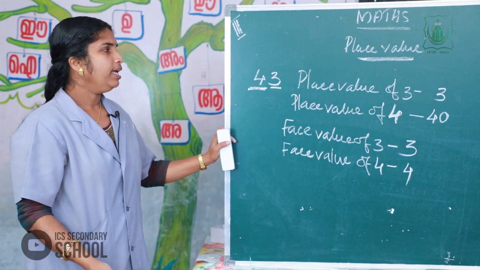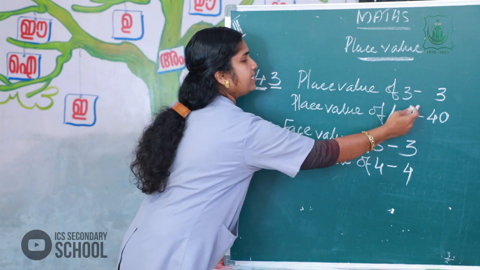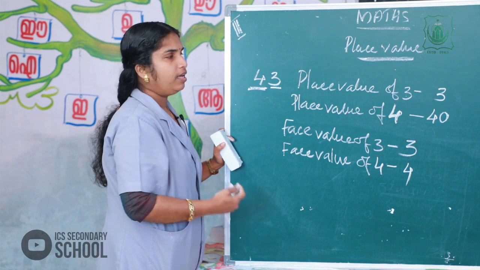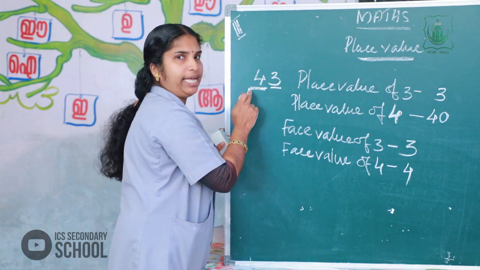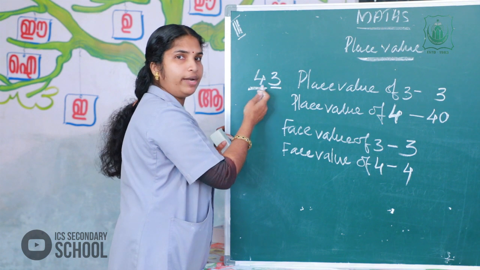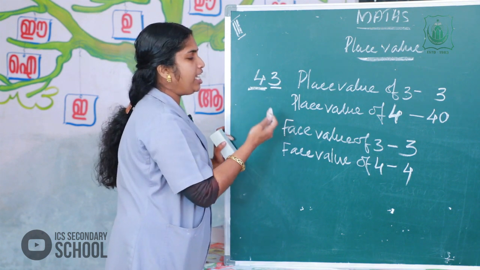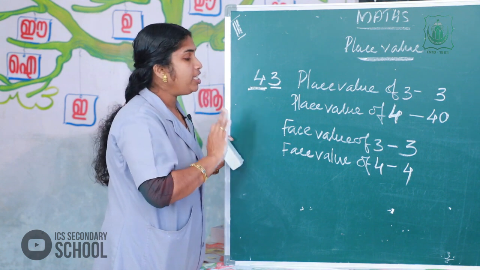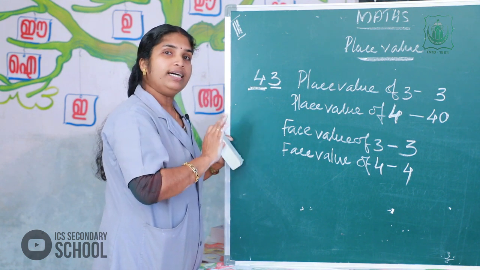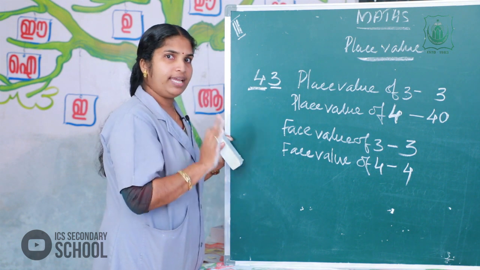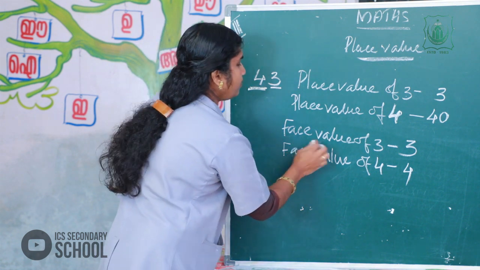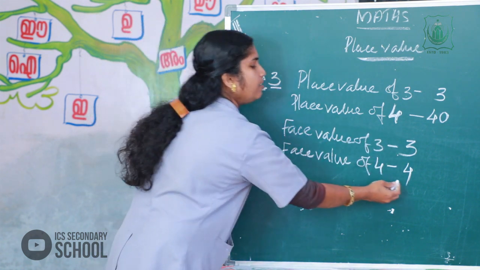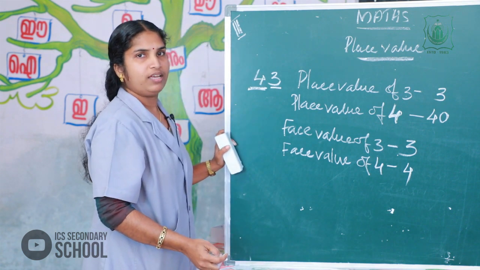In 43, the place value of 3 is 3 and the place value of 4 is 40. It depends on its position. The place value depends on its position, but in face value, there is no change in digits. The face value of a digit is that digit itself. Face value of 3 is 3 and face value of 4 is 4.